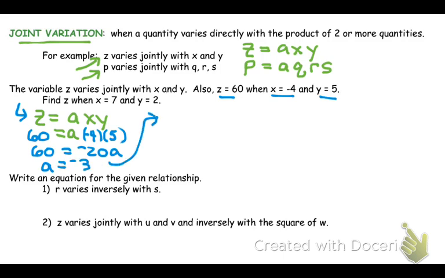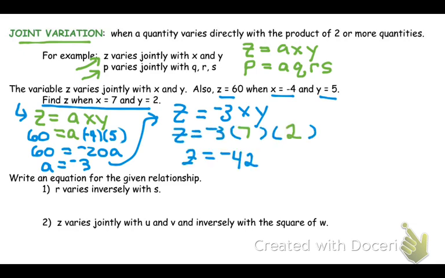So now we're going to rewrite it as z equals negative 3xy. Now it's asking us to find z when x equals 7 and y equals 2. So we simply subbed in our x and y value, multiplied our 3 values, and got z equals negative 42.